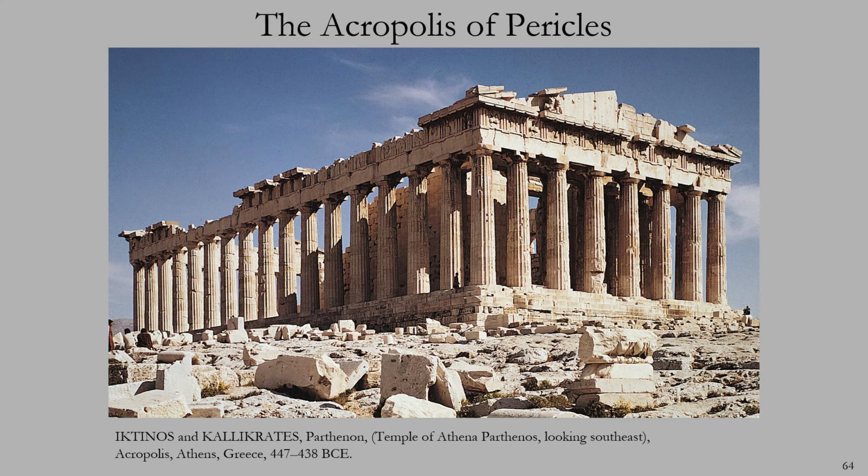The whole complex was sort of under the mastermind of this guy named Phidias. We'll see his name in a second. But Phidias sort of came up with this entire layout, the decorative program of the Acropolis, and then individual architects would create these buildings. This is the Parthenon as it looks today.